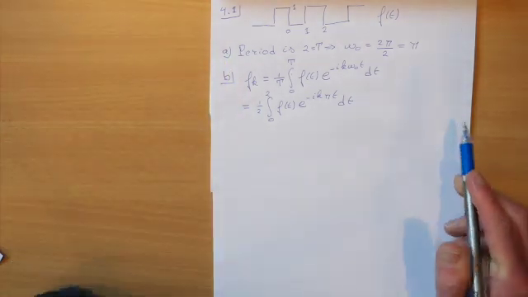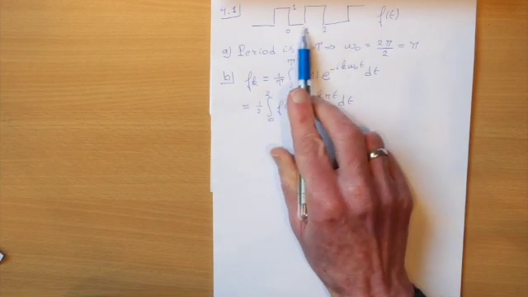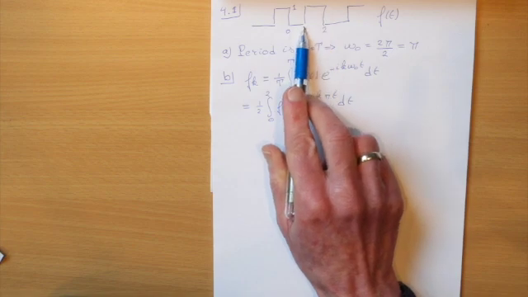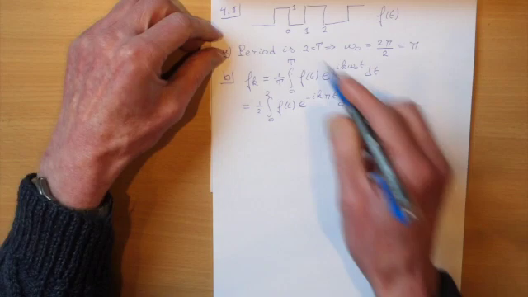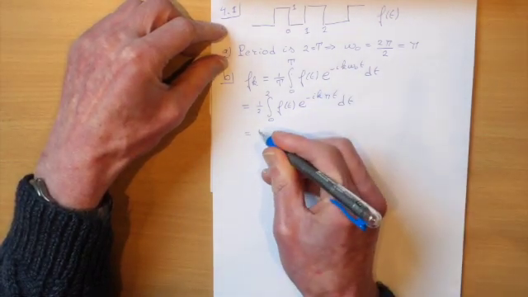Now we look at this function. We have to integrate from 0 to T, but we see basically two different definition areas, one from 0 to 1 and one from 1 to 2. So what is more logical than to split this integral?